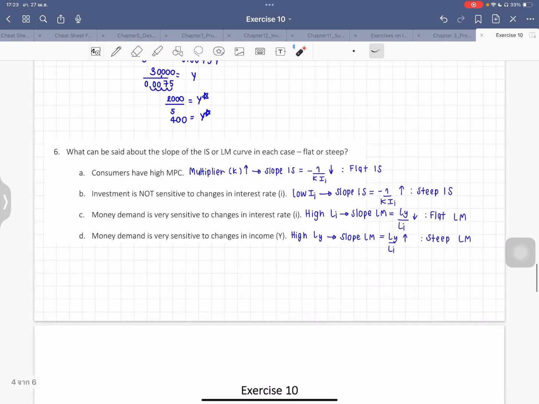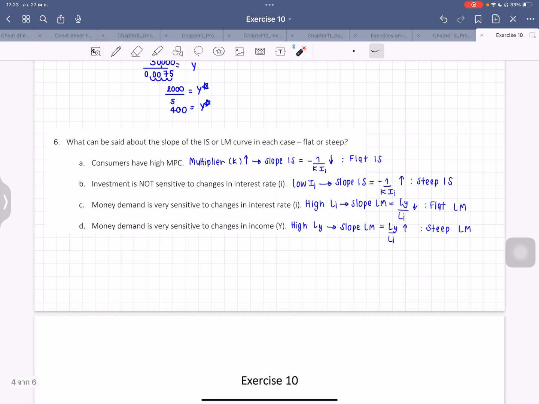Next, money demand is very sensitive to changes in the interest rate. So it refers to a high L subscript small i. So its effect on the slope of the LM curve is that it decreases. So when the slope of LM decreases, you get a flat LM curve.